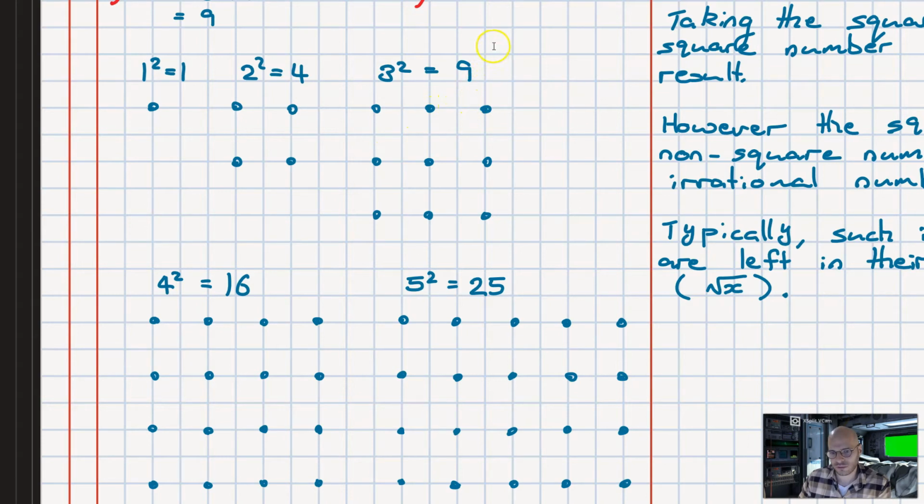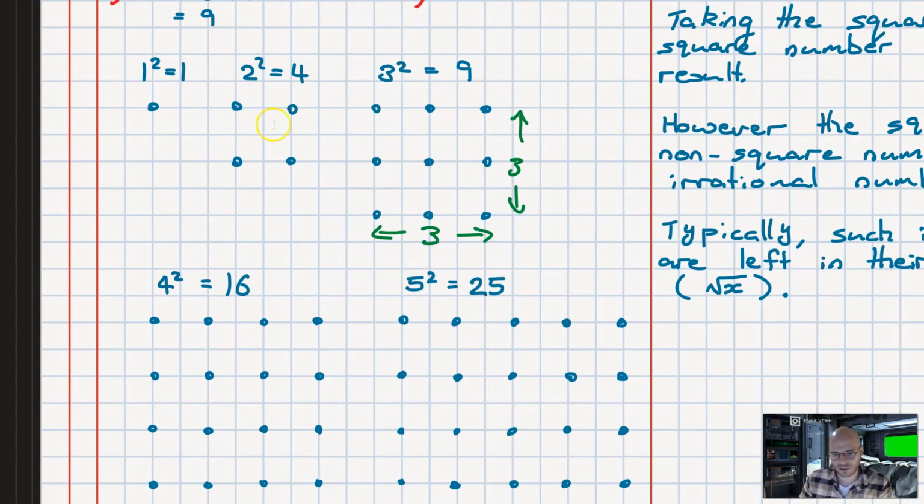What we can do is, if we have a square number, we can calculate the original amount that we had to multiply together to get the square number. So suppose we had 9 and we wanted to go in reverse back to what number multiplies by itself to give 9. Well, we simply count the height, or the width, of this geometric representation.